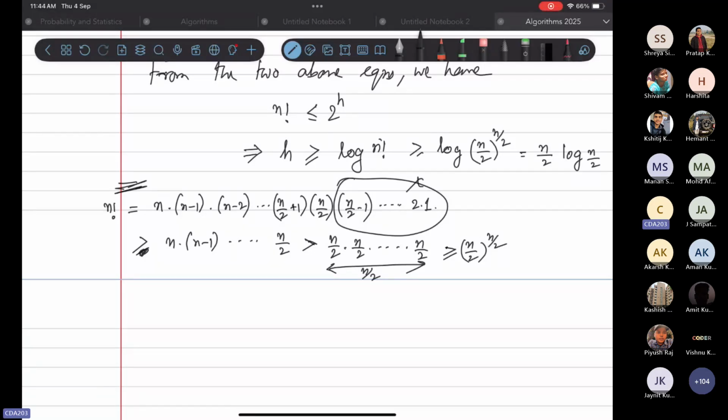And h is greater than or equal to this quantity. So that says h, in terms of omega notation, is n log n. The constant doesn't matter. n log n.